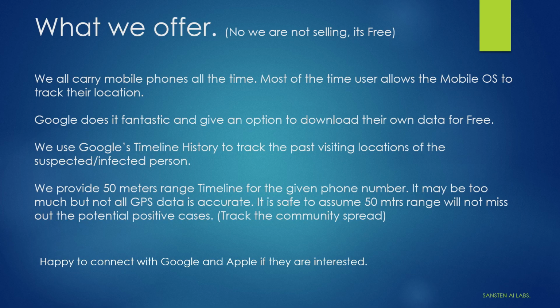We use Google's timeline history to track past visited locations. Google stores tiny files in Google Cloud, and we fetch those files and use them to trace the locations a person visited.